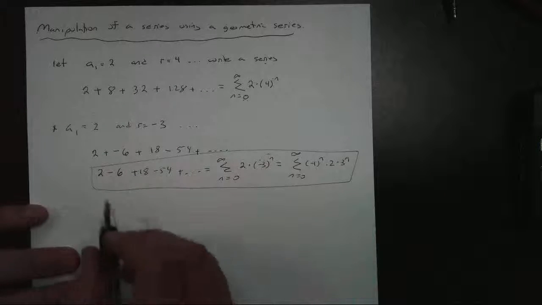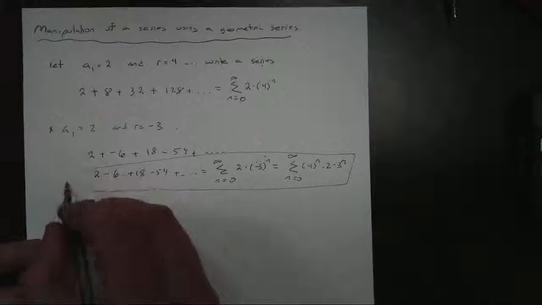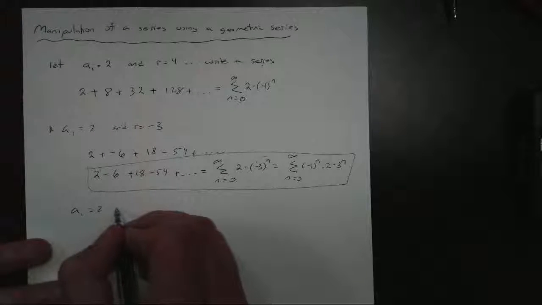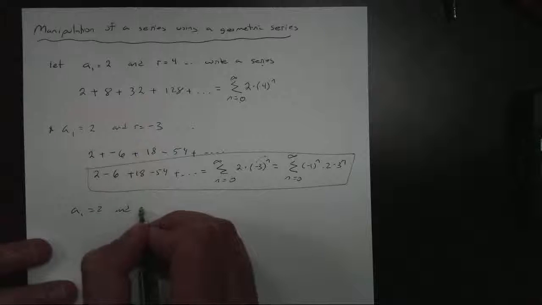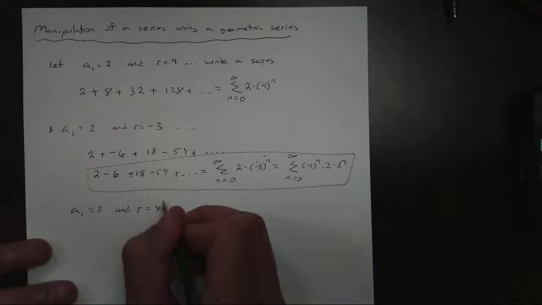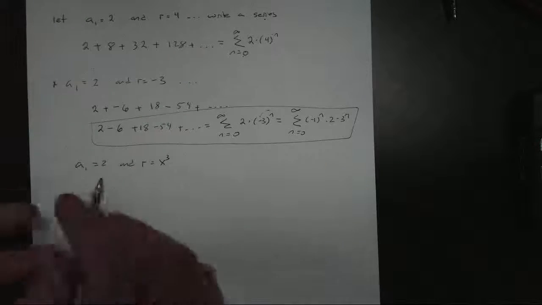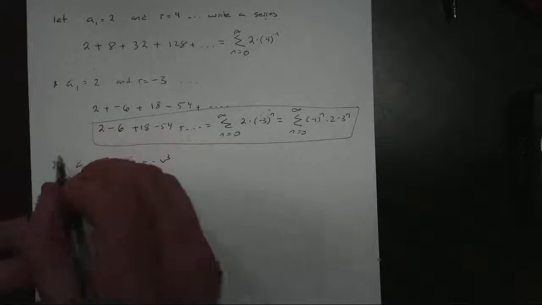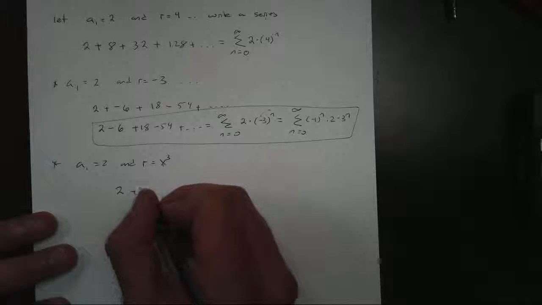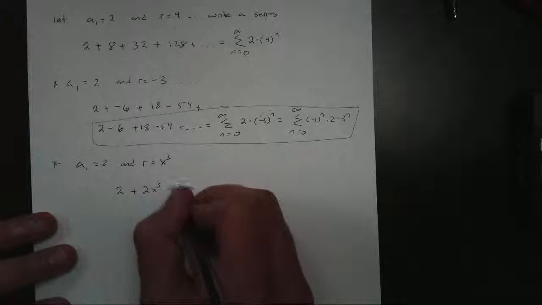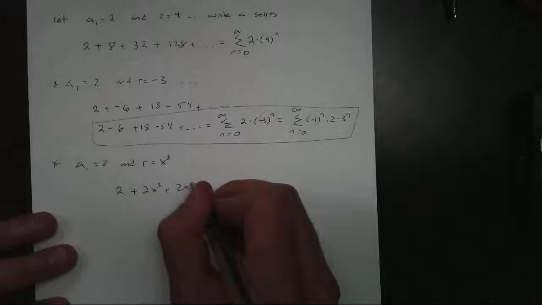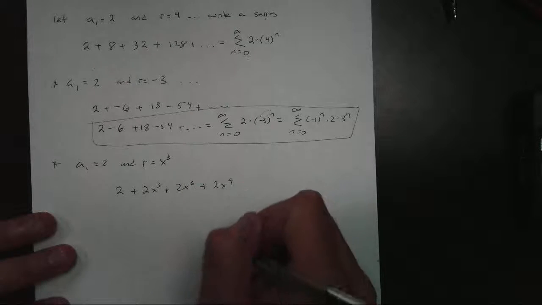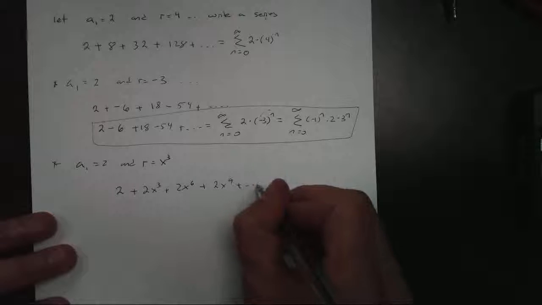Now, another one we can take a look at. What happens if we have our first term is 2 this time, but now our common ratio is, let's say, x cubed. Writing it out again, it's going to become 2, plus 2x cubed, plus 2x to the 6, plus 2x to the 9th, plus so on and so forth.